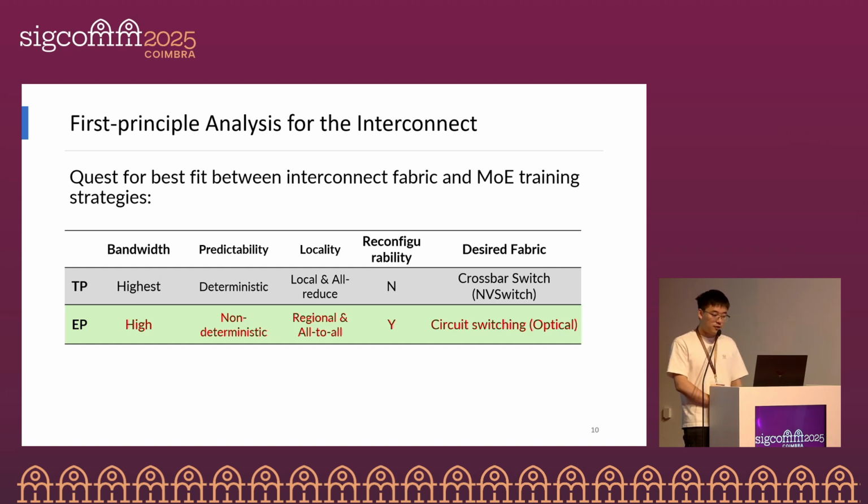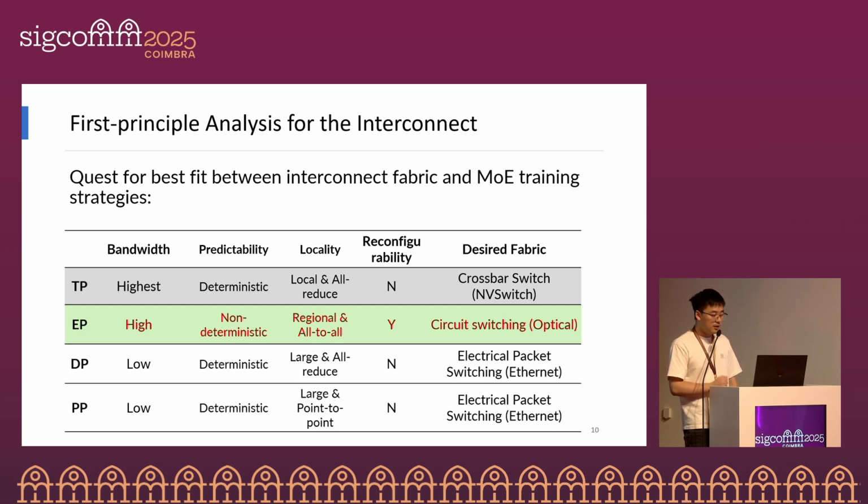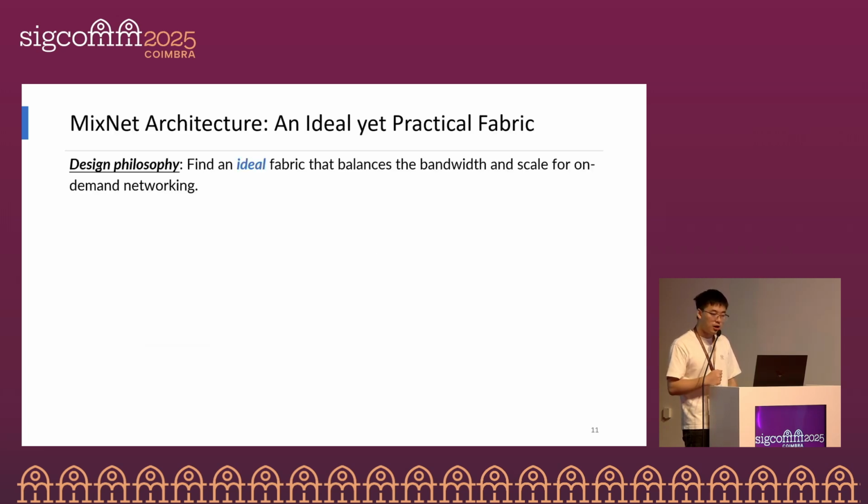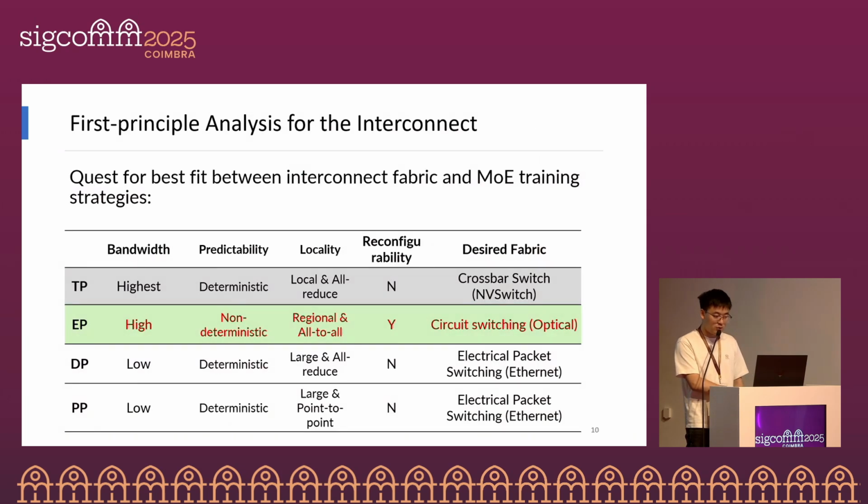On the other hand, for EP, we find it's regional, non-deterministic, and its bandwidth requirement is high, and it does not require a non-blocking fabric, so we feel circuit switching, especially optical circuit switching, is a good fit. For DP and PP, the bandwidth requirement is low and their scope is large, so we feel Ethernet is a good fit.